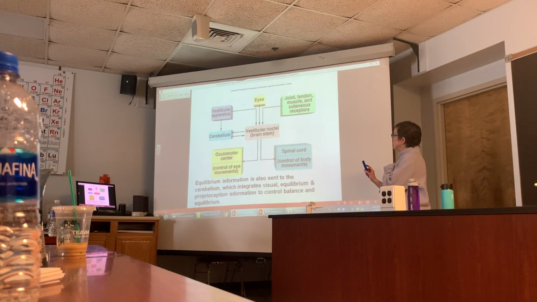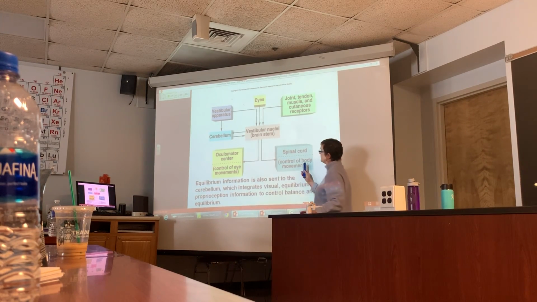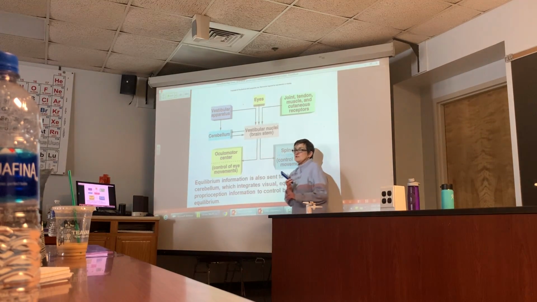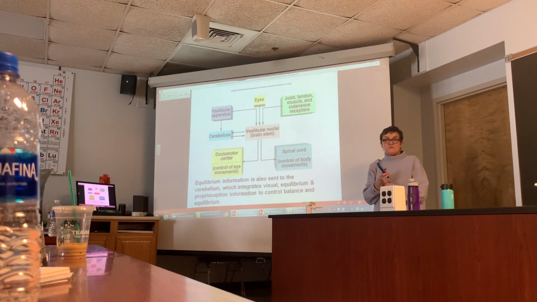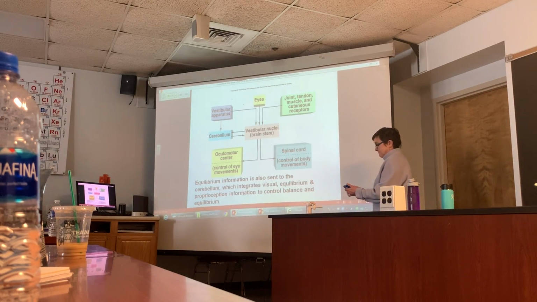Okay, this gets into a bit more, it's a little bit complicated looking, but this is just showing that equilibrium isn't just coming from your equilibrium receptors in your inner ear, it's also coming from your eyes and from your proprioceptors, and there's a lot of different processing of this information, but one of the major processors is the cerebellum, which is processing visual information, equilibrium information coming from the vestibular apparatus, and this would be here proprioception. All of that's being processed to help you maintain your balance.